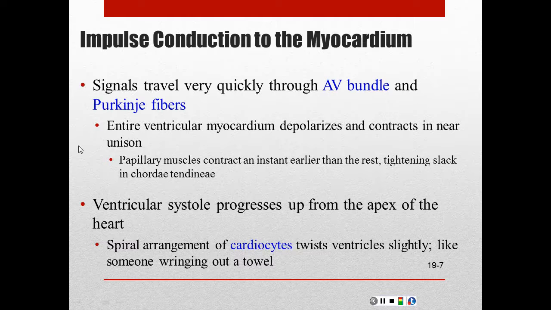As a result, the entire ventricular myocardium depolarizes within 20 milliseconds after the SA node fires, causing contraction of the ventricles in near unison.